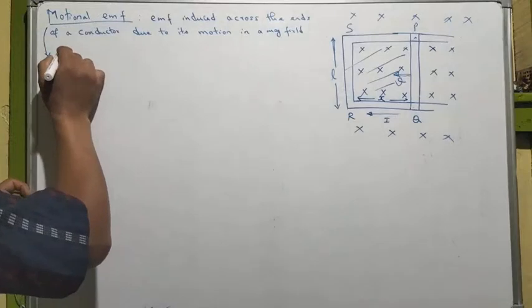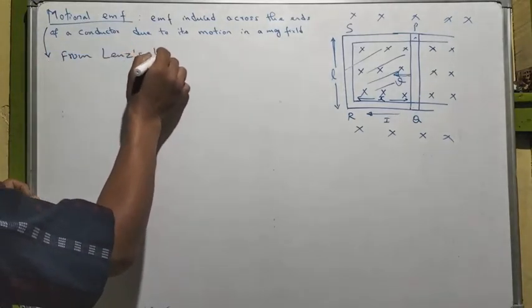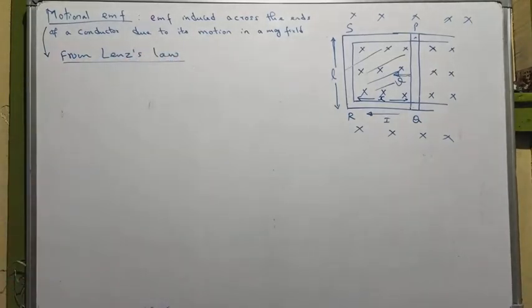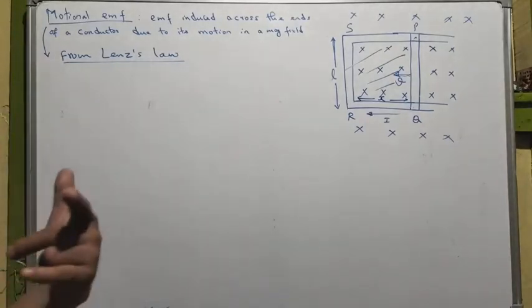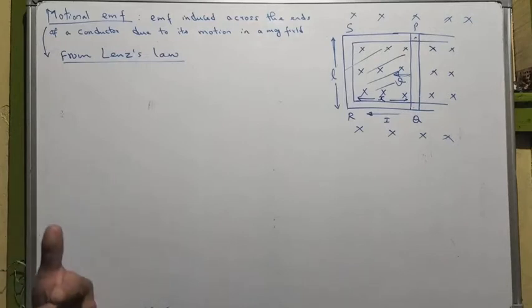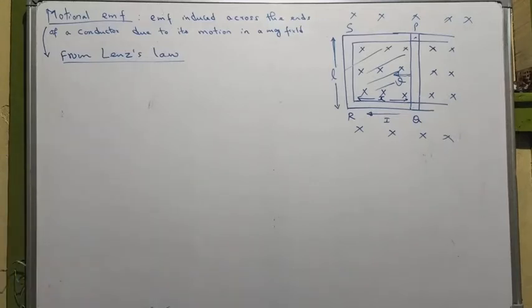So from Lenz's law, if you remember, Lenz's law says that the current induced in the coil or the conductor will flow in such a direction so as to oppose the cause that produces the current.